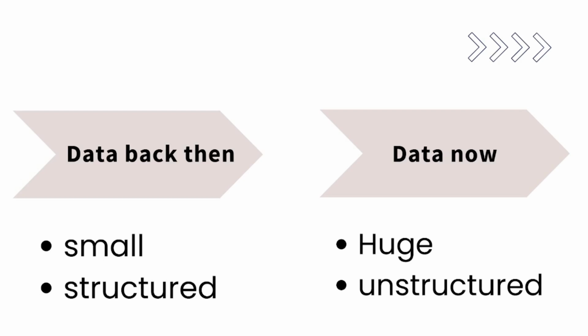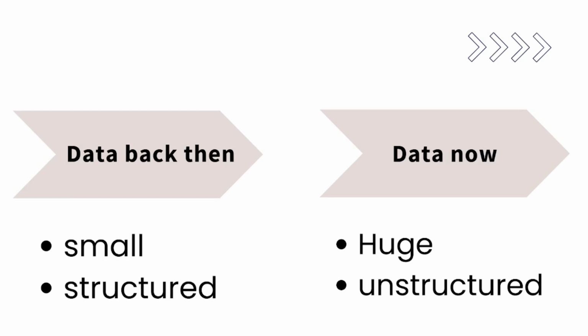Now data is huge and unstructured. Huge, generated every single second and measured by megabytes. Unstructured data is not structured in typical rows and column formats. All images or video data are unstructured data.